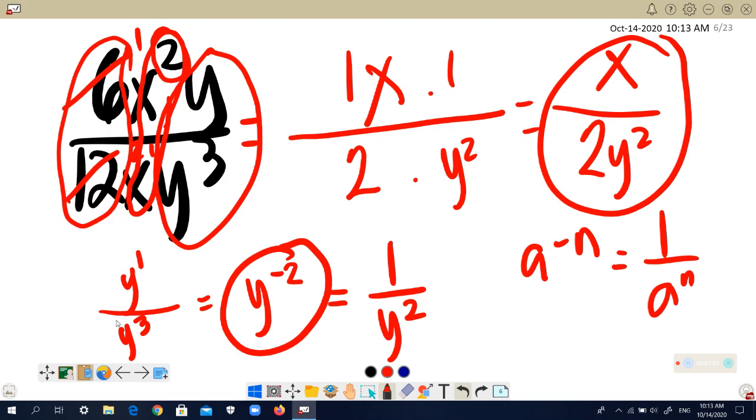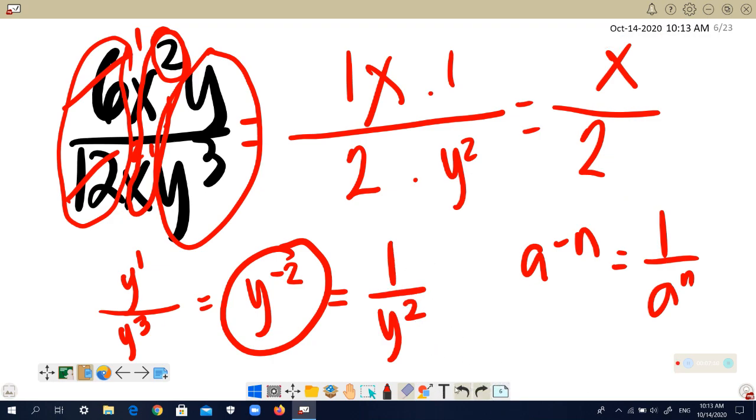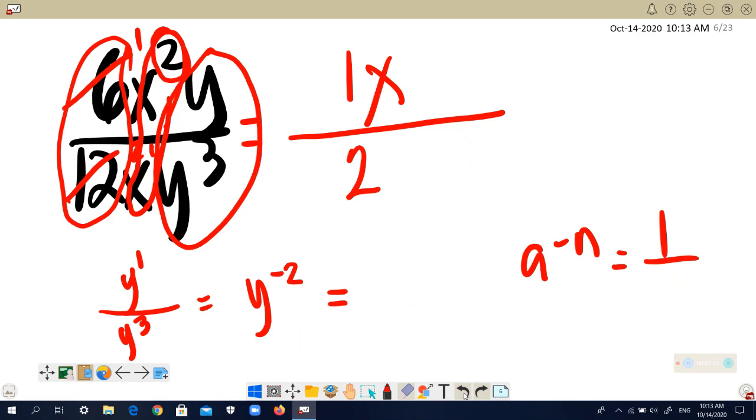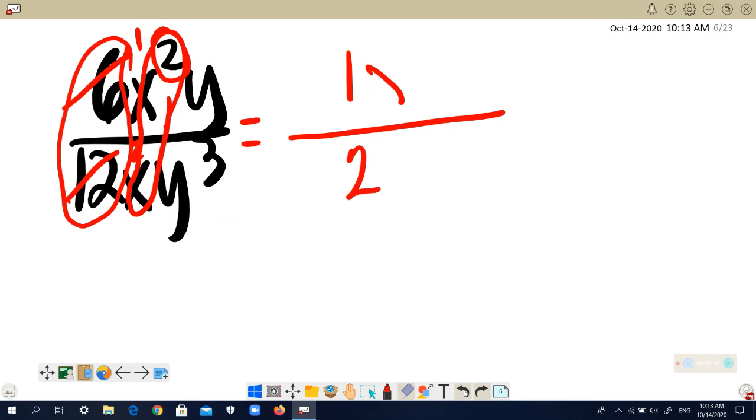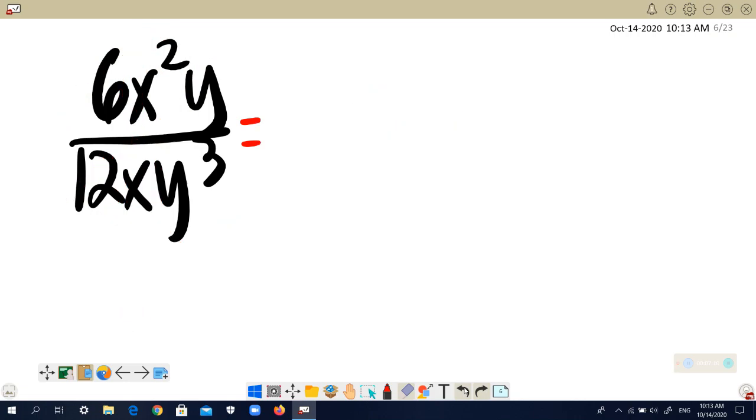Or sometimes, I tell my students a technique on how to find the simplest form simply by finding the term with the greater exponent. For example, I have again 6x squared y over 12xy cubed.